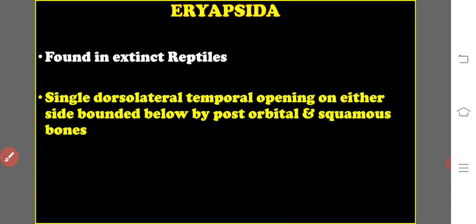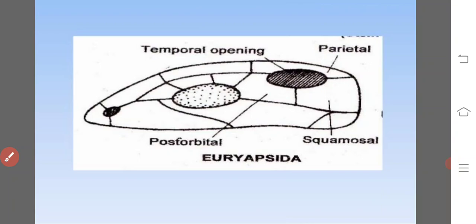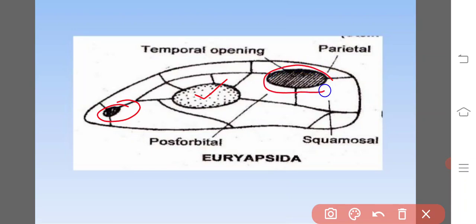And this temporal fossa is surrounded below by the postorbital bone, that is the bone behind the eye orbit, and the squamosal bone. Here you can see this is the nostril, this is the eye orbit, and this is the temporal fossa. This temporal fossa is surrounded below by the postorbital bone as well as the squamosal bone.